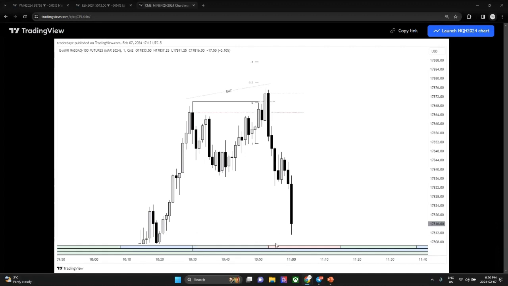And what else can you see? On the higher time frame cycle, as you can see right here, this is a 90-minute cycle. What else do we have? We have this being Q3, which is the New York session, and this being Q4, which is the afternoon session.